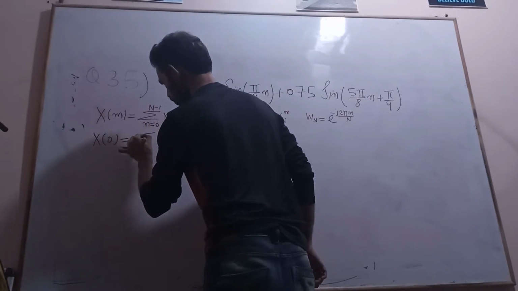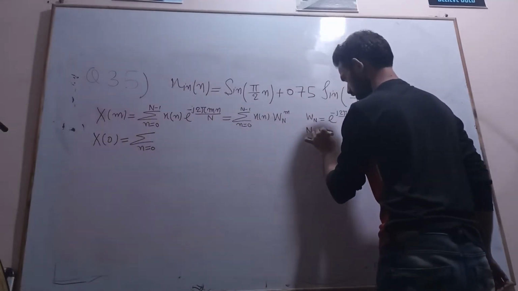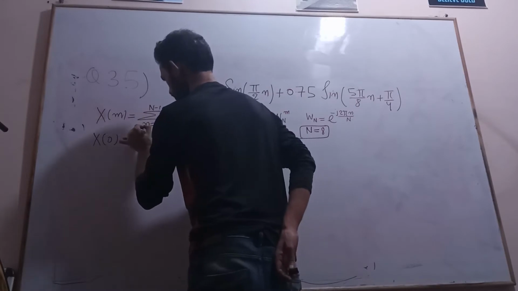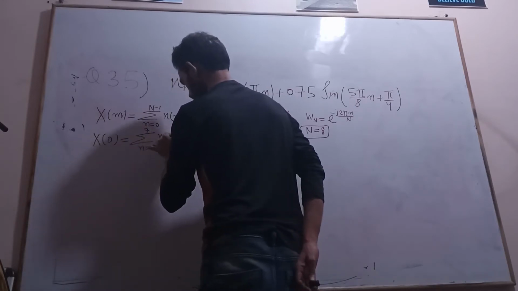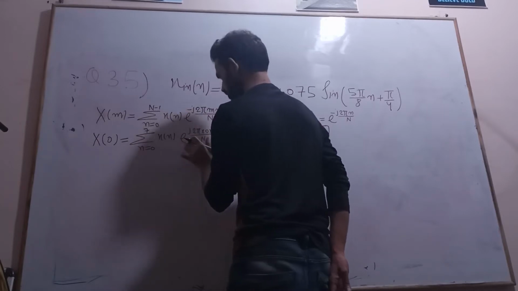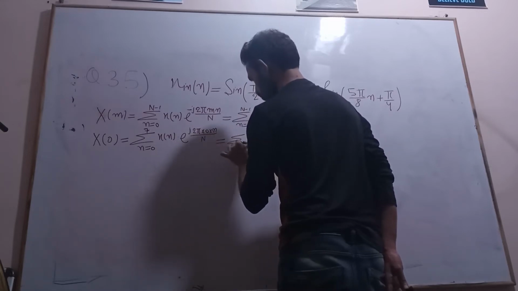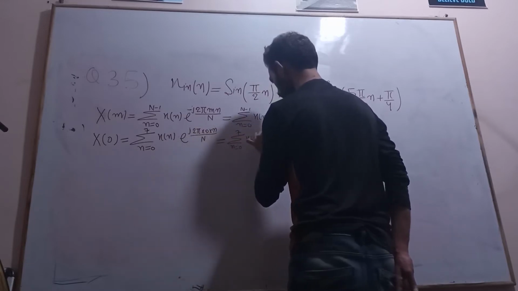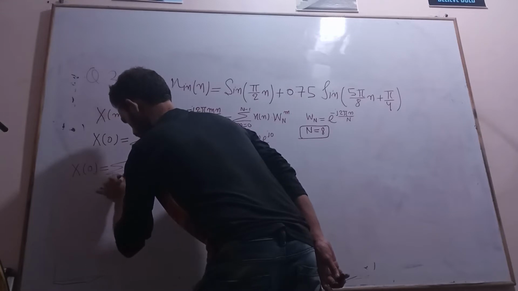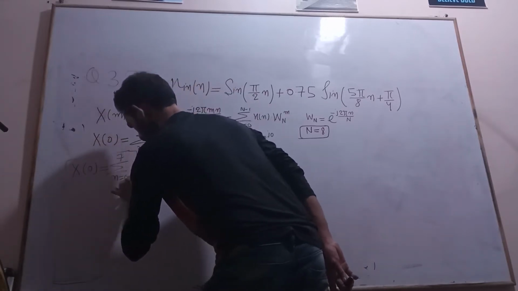When we put m equal to 0, we get X of 0 as summation n equal to 0 to N minus 1, and here N is 8, an 8-point DFT, so n is 0 to 7, x of n into e to the power minus j2 pi into 0 into n divided by N. This is e to the power 0, so X of 0 is summation n equal to 0 to 7 of x of n.